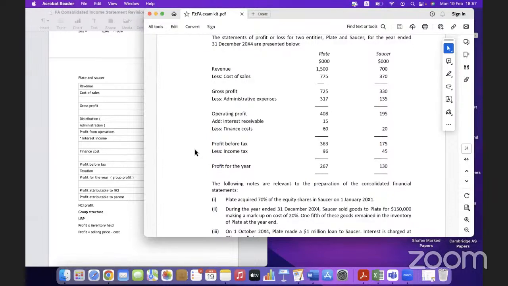Okay. So first of all, guys, in your mind, can you quickly set up the group structure, like who bought whom, what percentage, is it number of months, is it full year? Can you quickly decide on that part by reading the first paragraph?